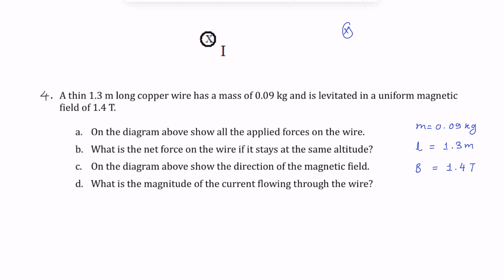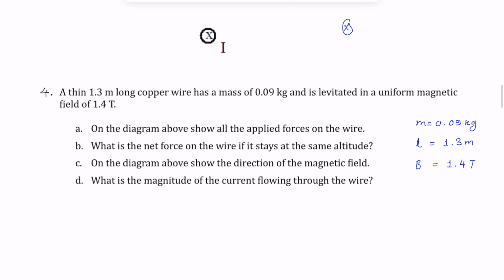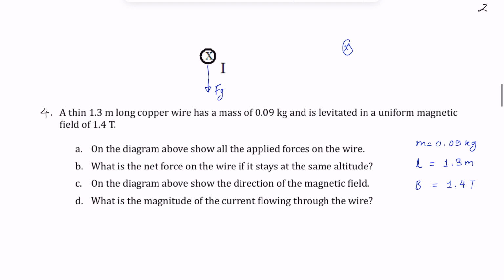Okay, direction of the current is into the page, and all the forces should ring your bell that we will be including gravitational pull. I'm going to call it Fg, which will be just mass of the wire times gravity.